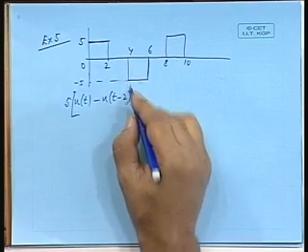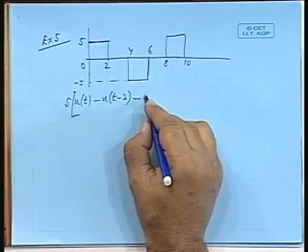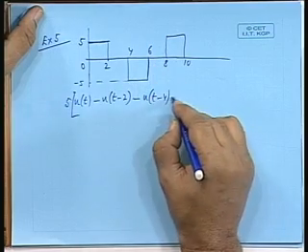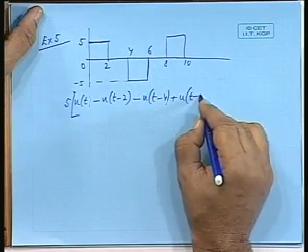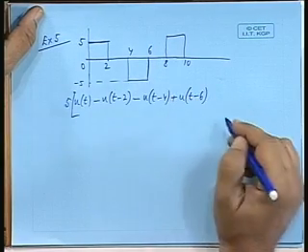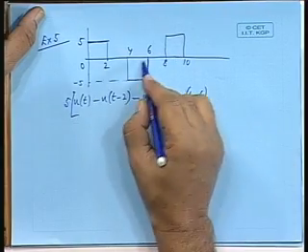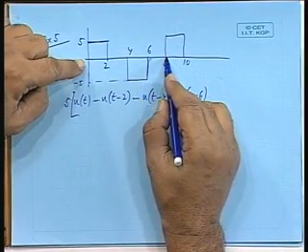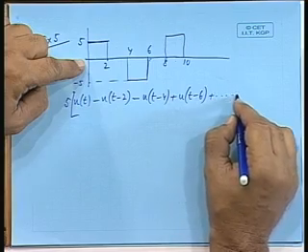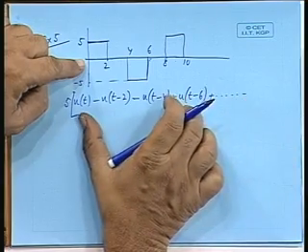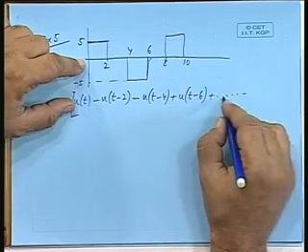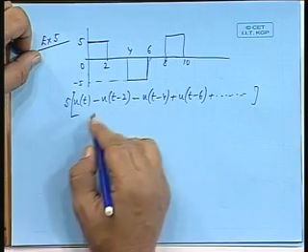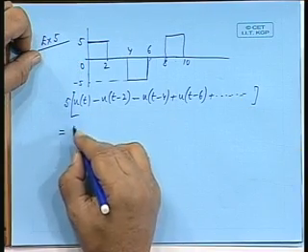Again at 4 it is negative, so minus u(t minus 4), and at 6 I apply u(t minus 6), a positive step, and that completes one period up to 8 seconds, and then it keeps on repeating. So, if I show one period and then show it as a repetition of the same function, this will be written as 5.